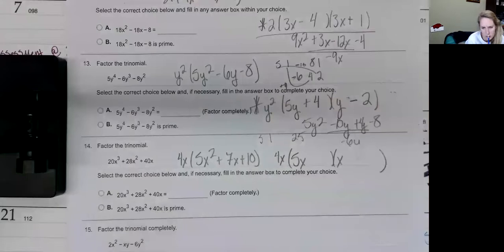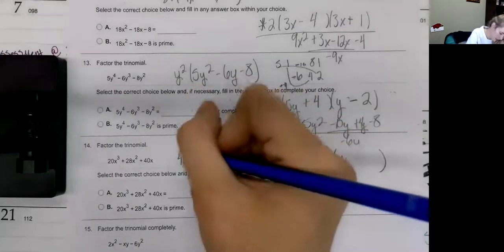I don't think they add to get 7 because 5 times 5 is 25 and 10 plus 5 is 15. So this would be the answer.